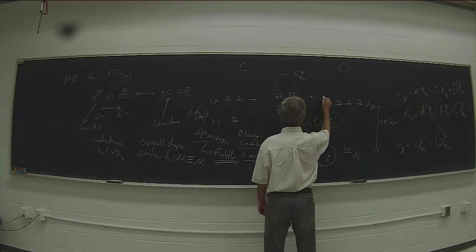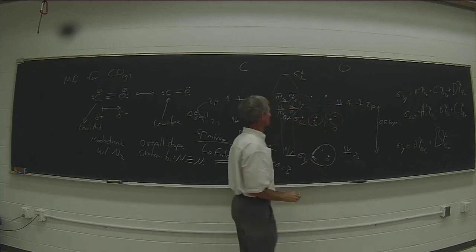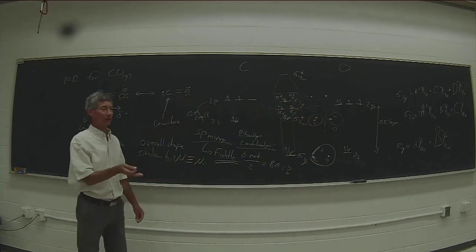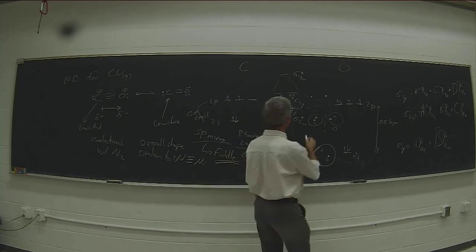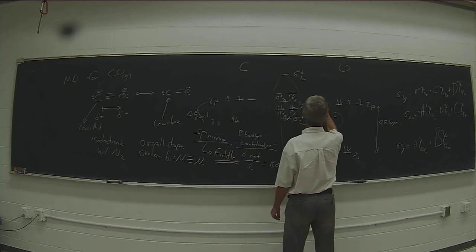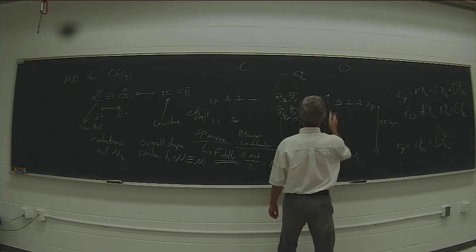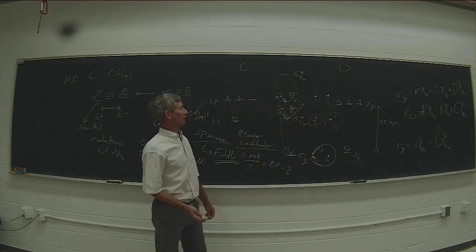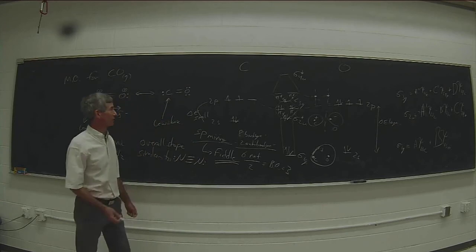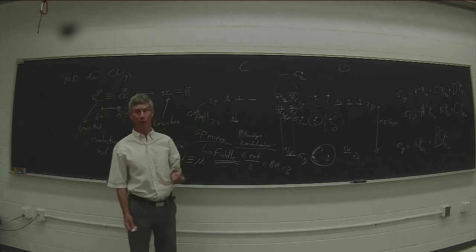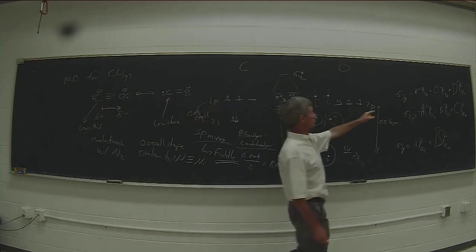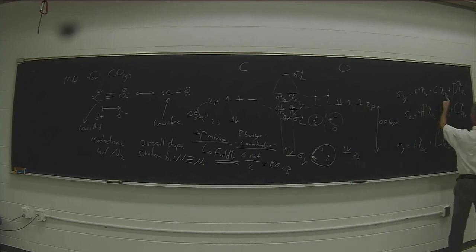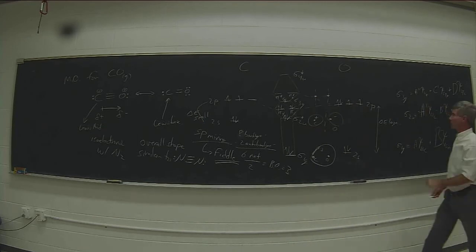There's going to be two nodes, because it's the next highest energy orbital. The nodes are going to be roughly through the center of the carbon and the center of the oxygen, because the 2p orbital on carbon has a node through carbon, and 2p orbital on oxygen has a node on oxygen.